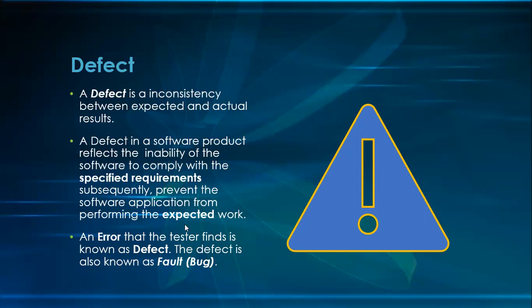Some call it a bug, some call it a fault, some call it a failure. There are different things we call it, but most of the time, we call it either a bug or a defect. An error that a tester finds is known as a defect. The defect is also known as a fault.